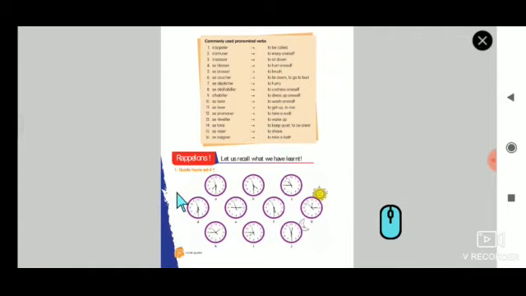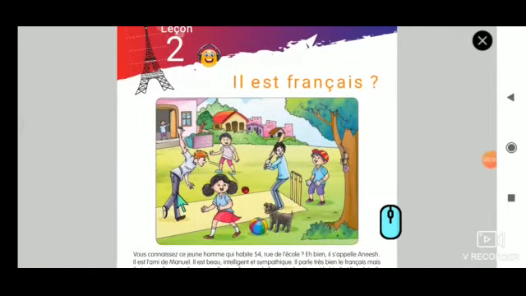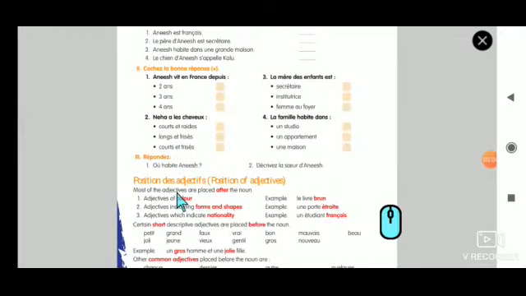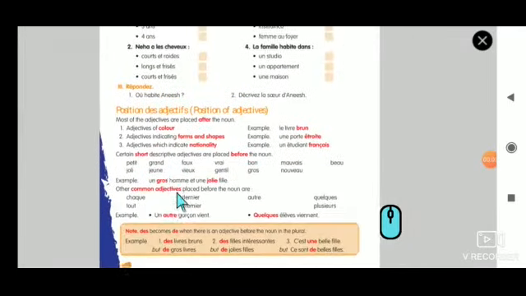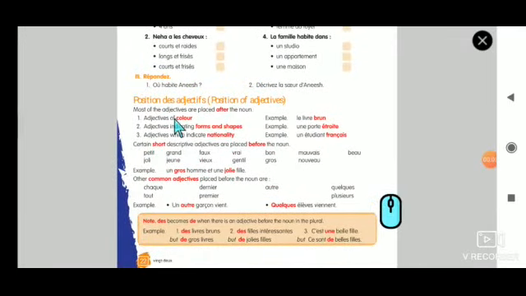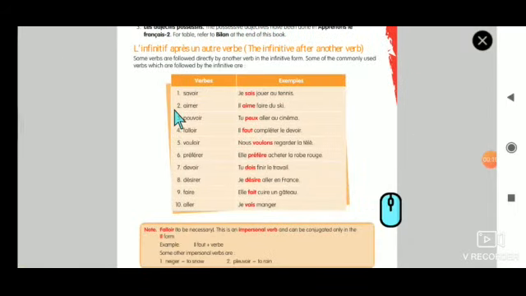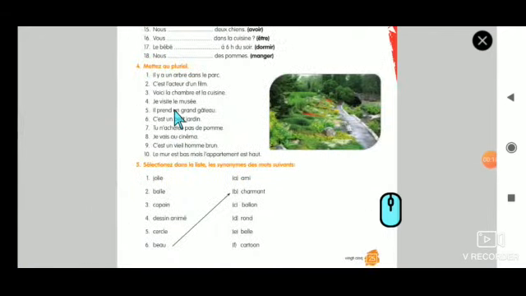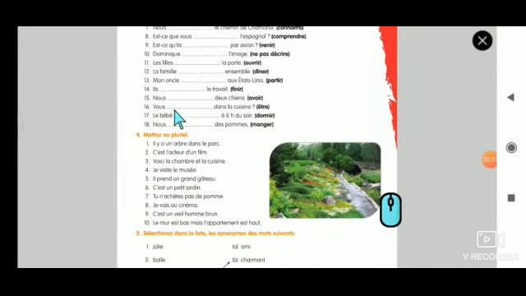Regarding lesson 2 and lesson 1, lesson 2 is Il est français. Based on this lesson, the grammar parts are position des adjectifs and l'infinitif après un autre verbe. Among these two, any one will come. So based on that, whatever is there, please revise it. Météo pluriel, revise it once. We have seen it n number of times.